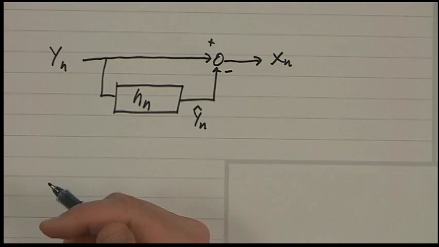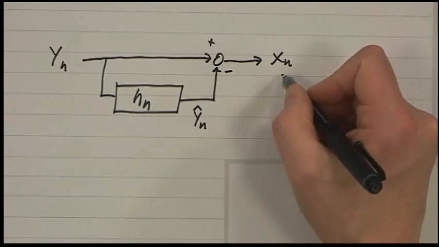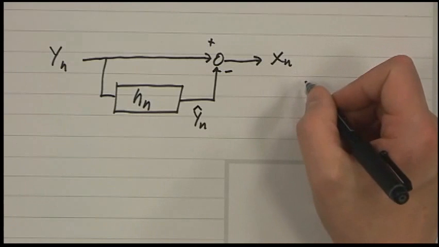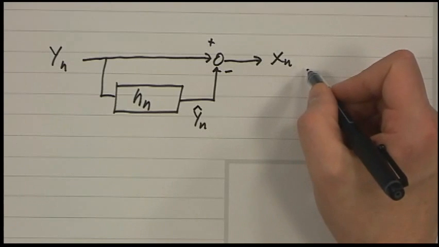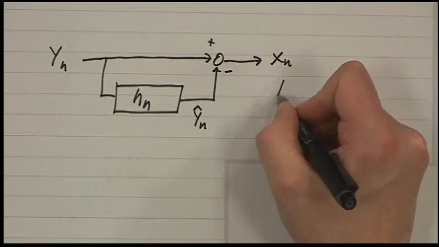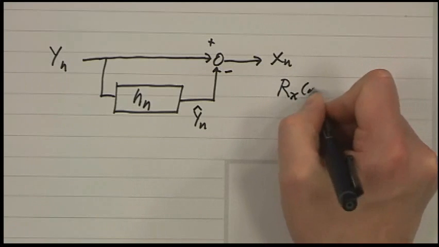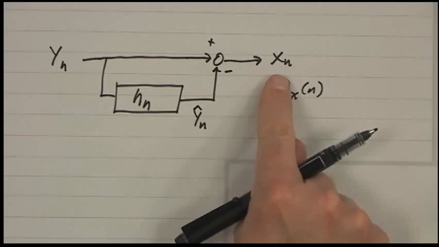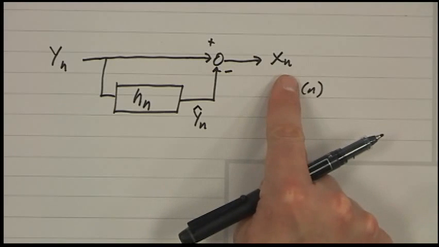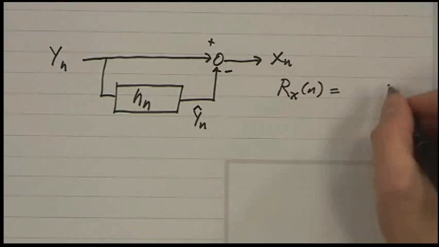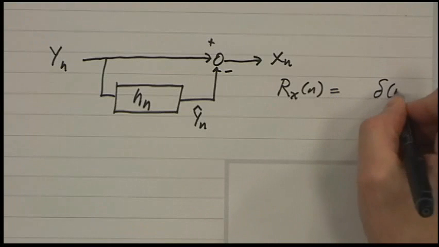From this we know that, by the way, x of n is IID. So r sub x of n, they're uncorrelated. We proved that the prediction errors have to be uncorrelated. So since they've got to be uncorrelated, it's got to be a delta function.